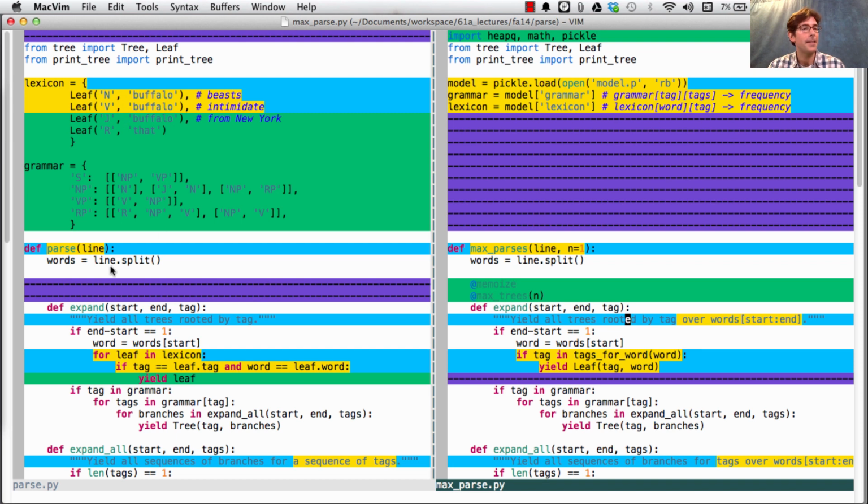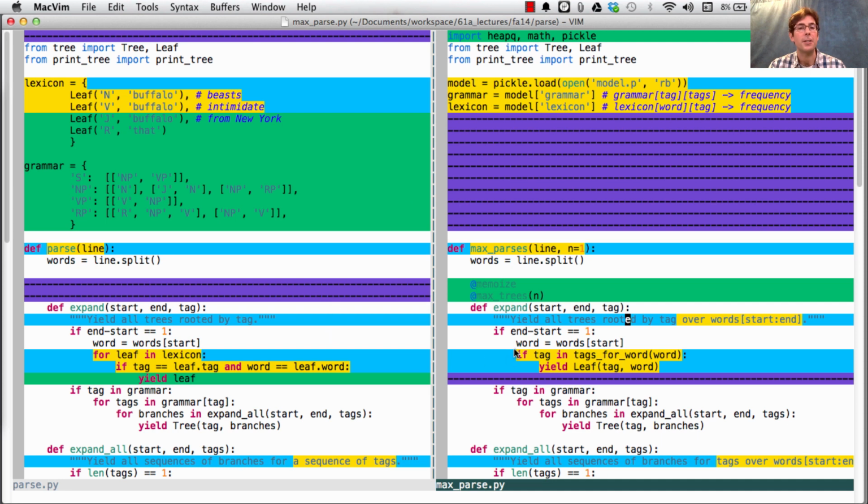On the left is the file we created. On the right is a file that loads the lexicon and the grammar from the annotated corpus that came from those University of Pennsylvania undergraduates, instead of just writing them out line by line.